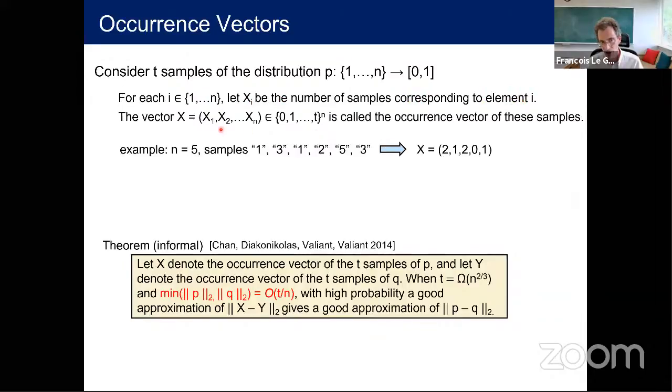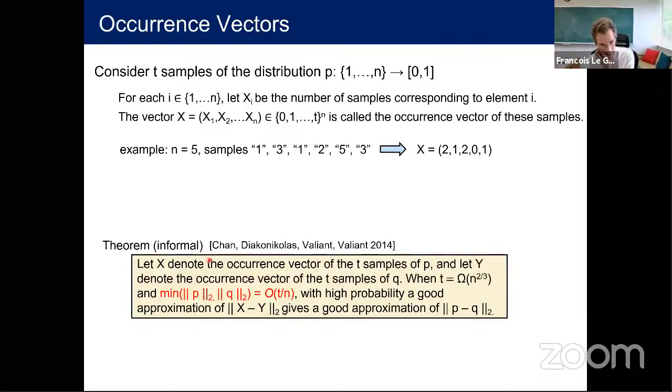I collect all these x_i together, and this gives you a vector, which I call the occurrence vector of the sample. For example, here I have n equals 5 and 6 samples. So 1 occurs twice, so I have a 2 here, 2 occurs once, 3 occurs twice, 4 zero times, and 5 once, so I have this vector. So I represent the number of occurrences in my samples as a vector.